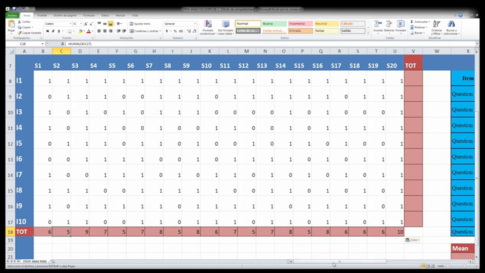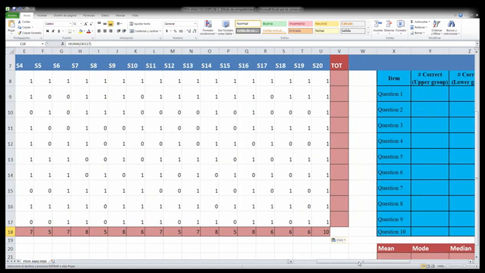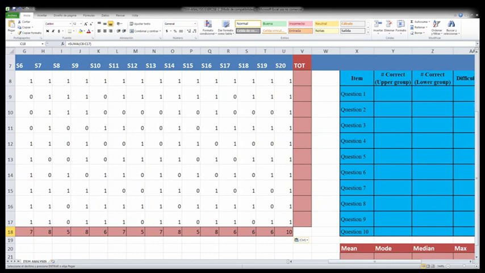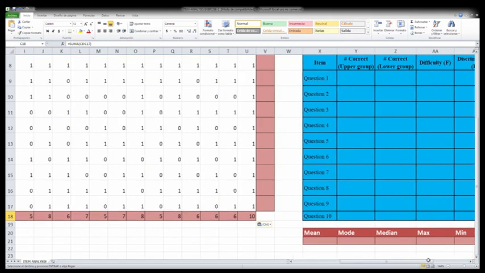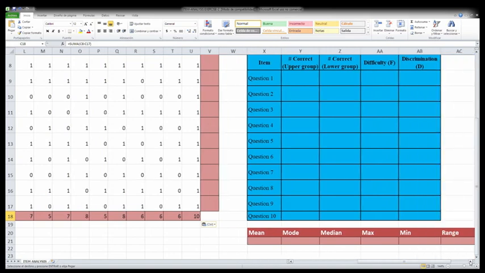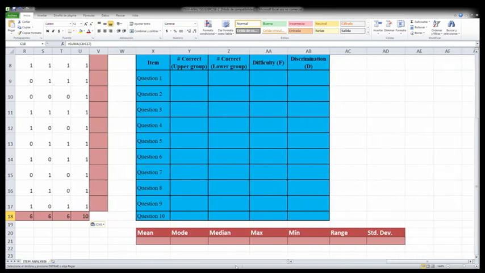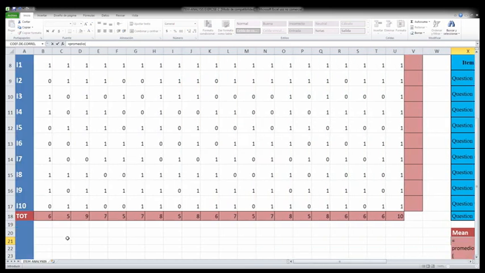Now let's calculate the descriptive statistics here. We're going to start by calculating the mean. If you remember, we enter the formula PROMEDIO, and then we select the cells that I'm interested in, these ones here.